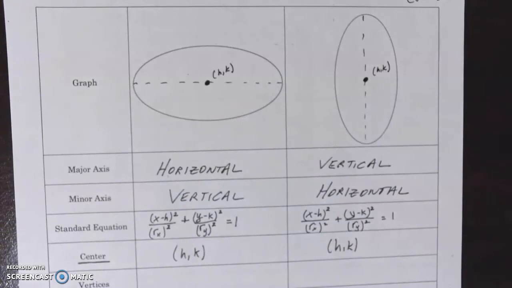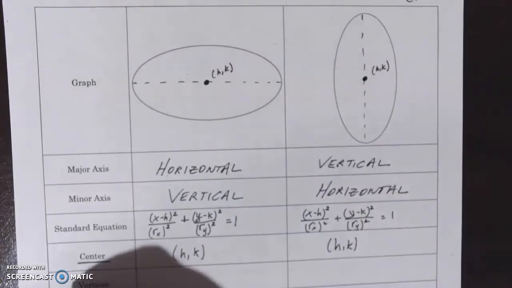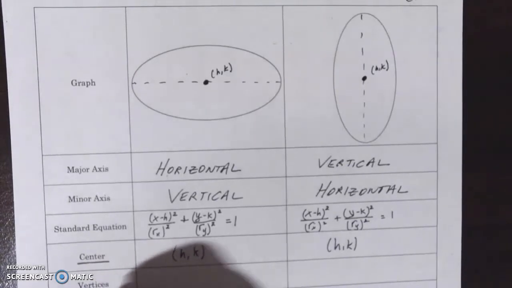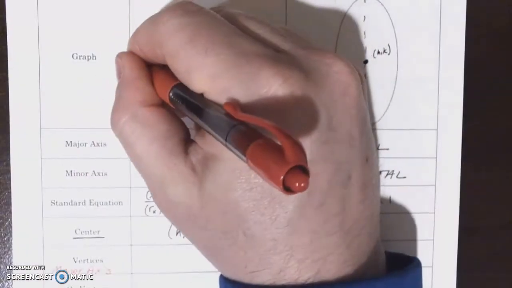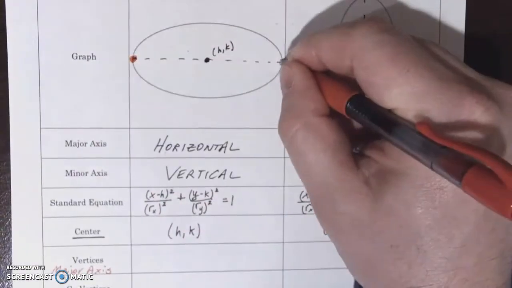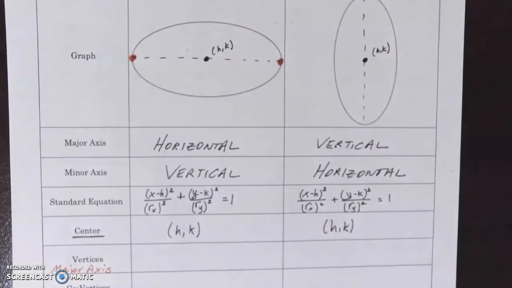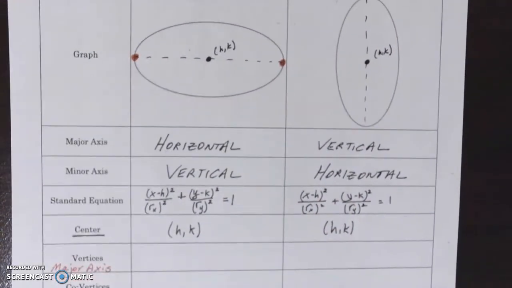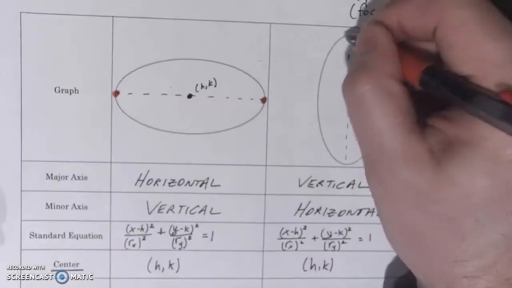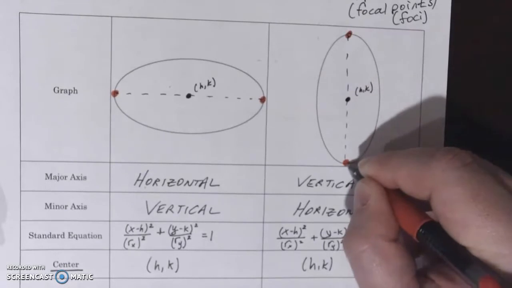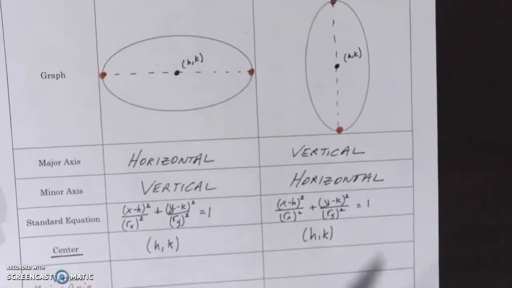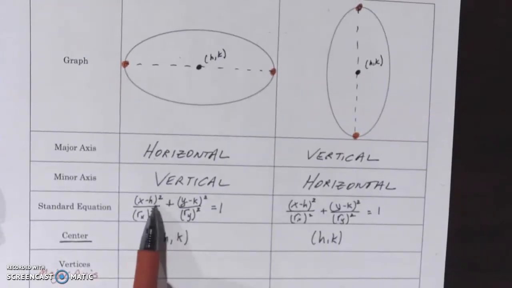Okay? The vertices, we're going to write those in red. The vertices are always along the major axis. Okay? All right, and the vertices are going to be here and here, basically the endpoints of the major axis, you'll find the vertices. Okay? So we're going to make those in red here. Okay? Now this is where the numbers in the denominator come into play. Okay?